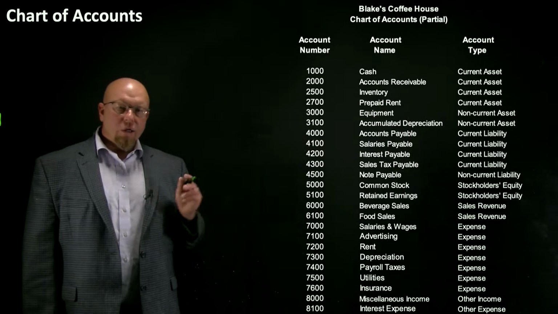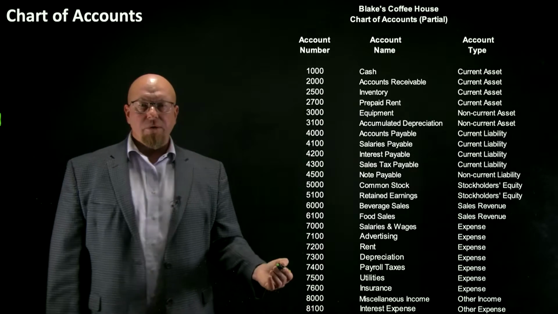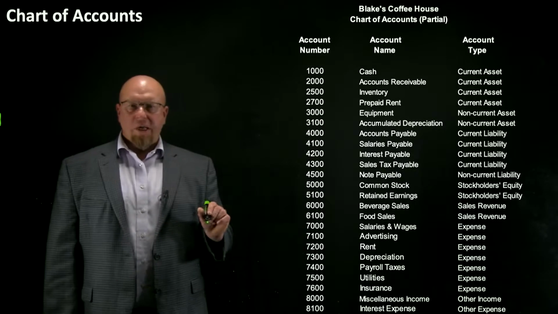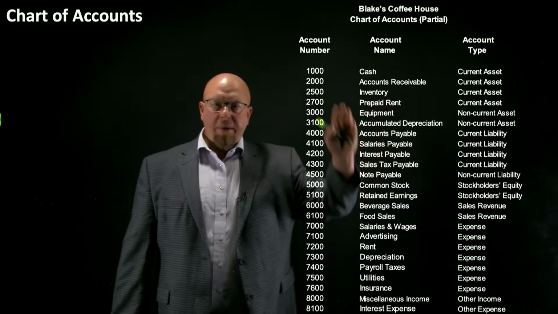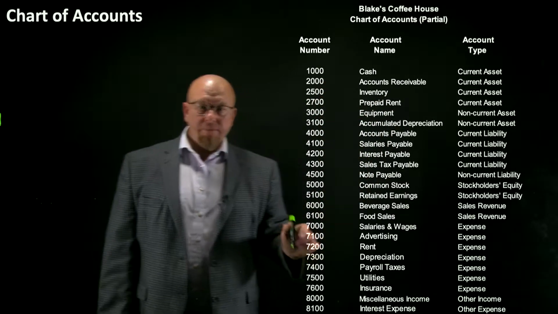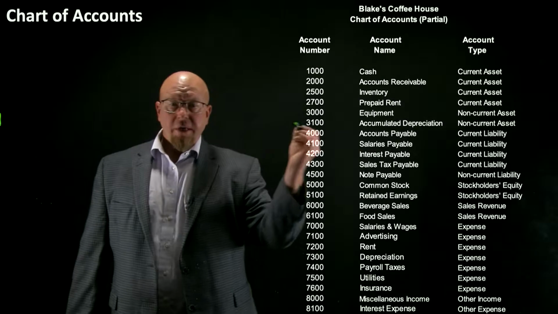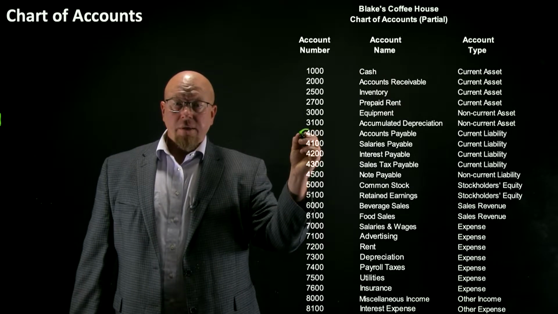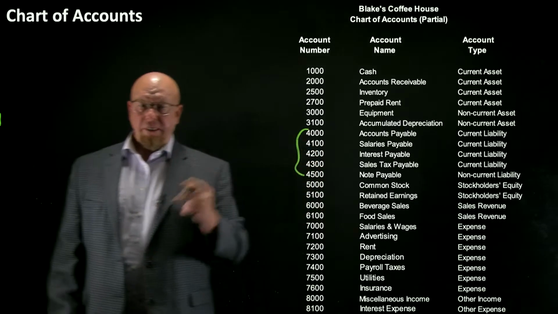So let's take a look at this chart of accounts. There are account numbers that can sometimes be used for the actual bookkeeping process, whether you're going to identify an account by its name or by its specific account number. We tend to group similar accounts together. For example, if you look right here, these items are all liabilities.